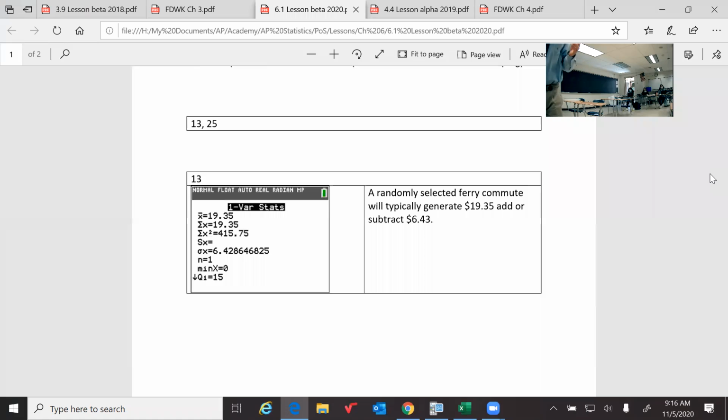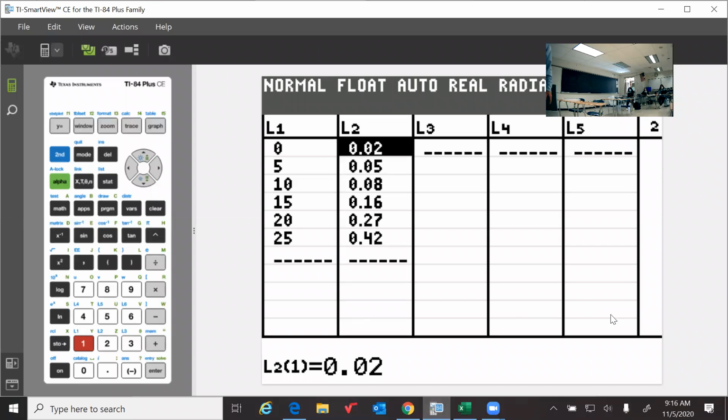So what happens? So we look here and we say, here's the distribution. This is from when we loaded the calculator on the alpha lesson.